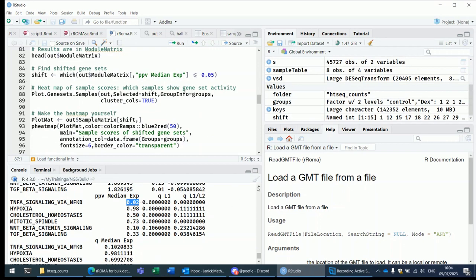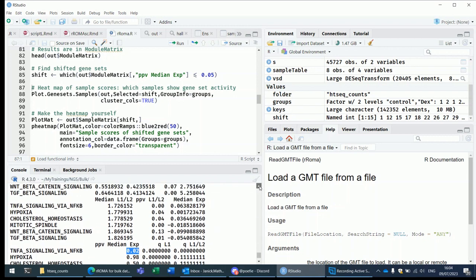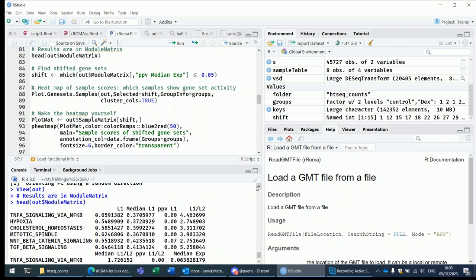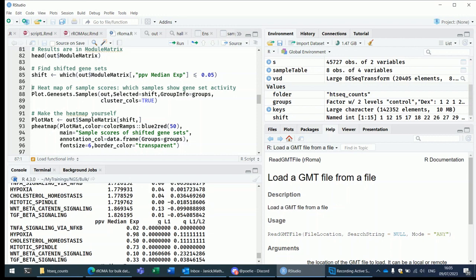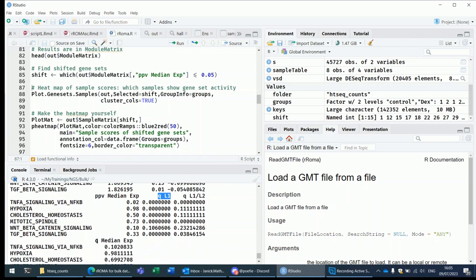Maybe one more thing that I have to mention here, apart from the p-values, you also have q-values, both for the dispersion and for the median expression. What's the difference between the p-values and the q-values? Well, the p-values are p-values that have been corrected using a Bonferroni correction.